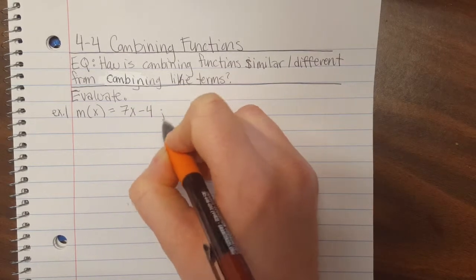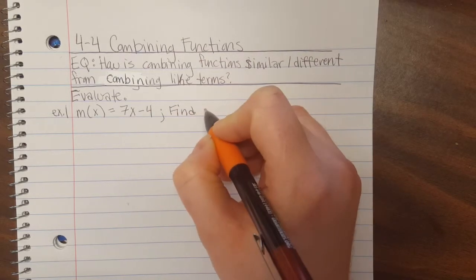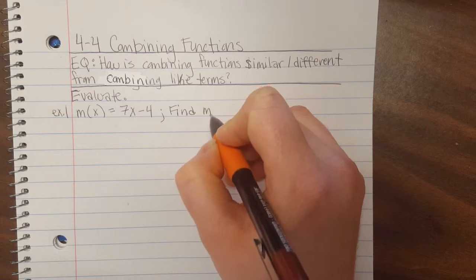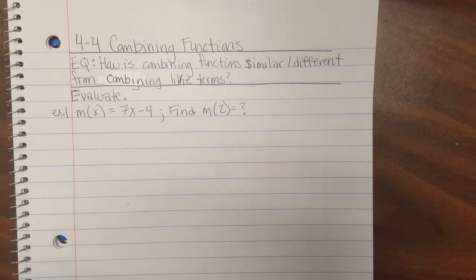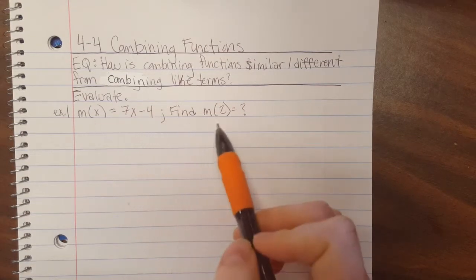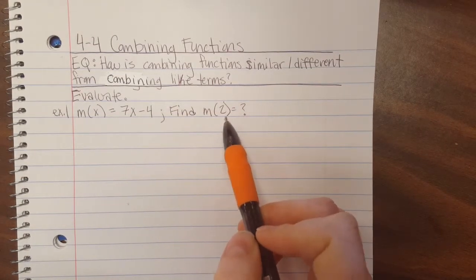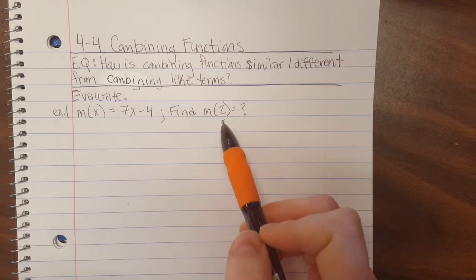And it asks us to find what m of 2 equals. So essentially, we're asked to find the value of this equation when x equals 2. This is not m times 2, this is m evaluated at 2.